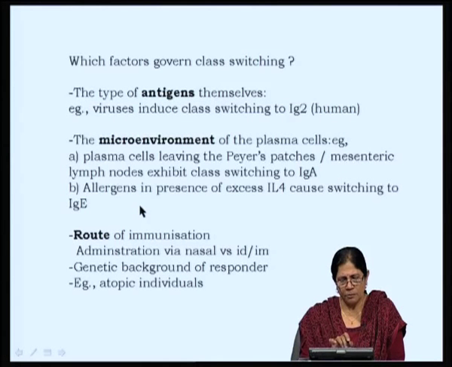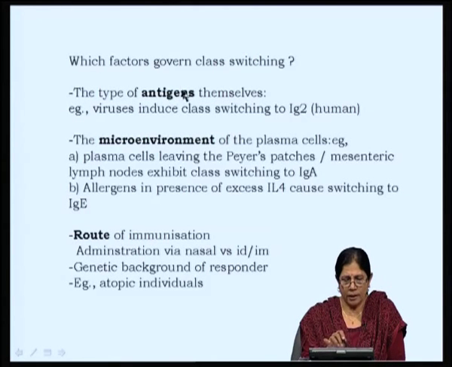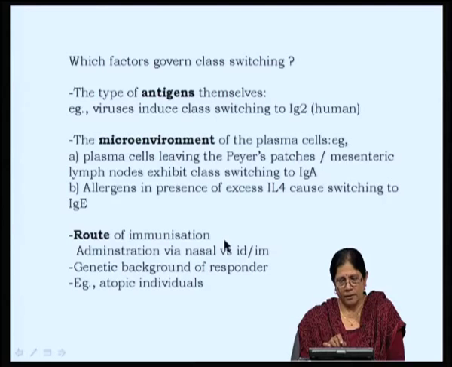Allergens, in the presence of interleukin IL-4, excess interleukin 4 causes switching to IgE. Again, why? Because IgE brings about mast cell degranulation. Again, this we will deal with in the next class. Another factor that would be governing would be the route of immunization.